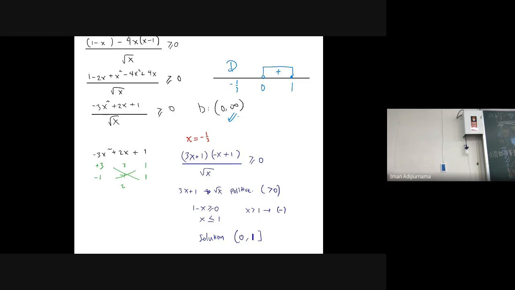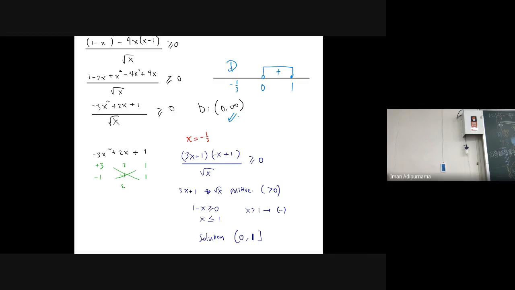So for domain, there are 3 cases that are really important. You have rational, you have square root, and the third one, if you have log. Okay? Those are the three cases that you need to consider when you are discussing domain in functions.